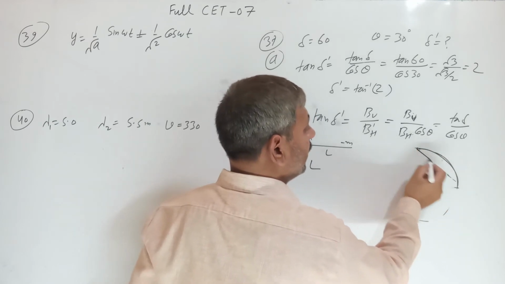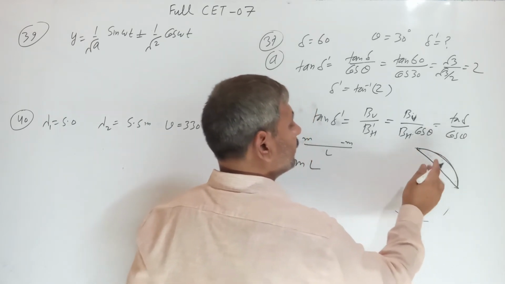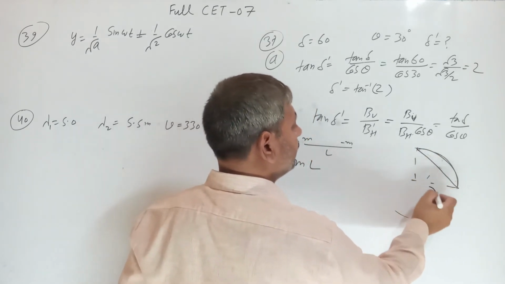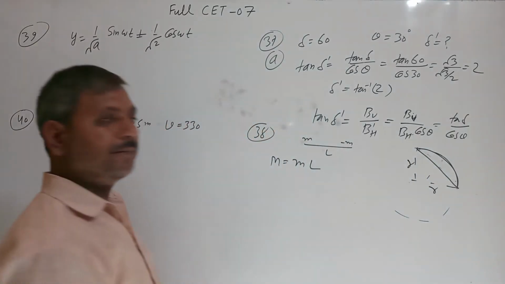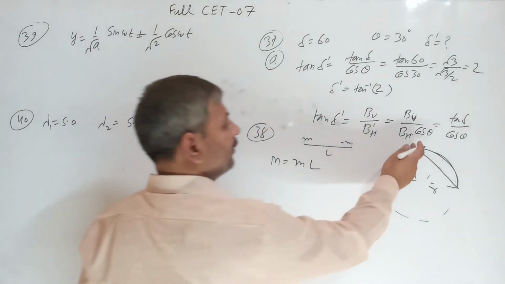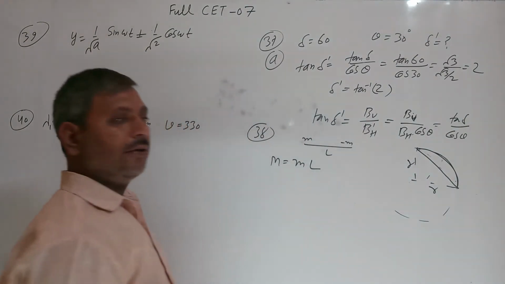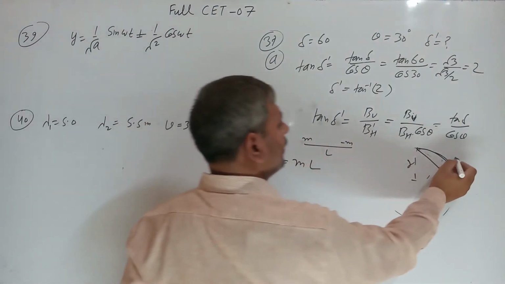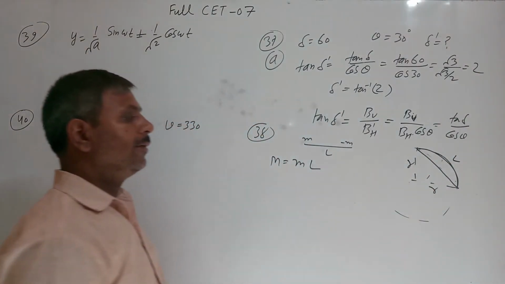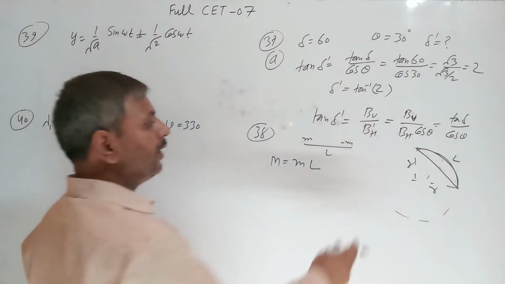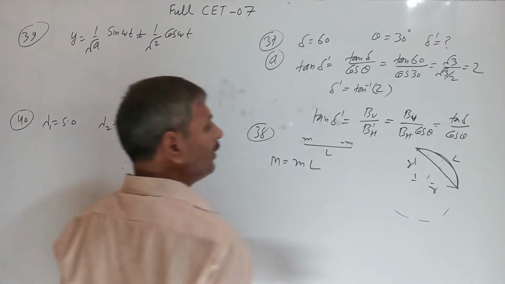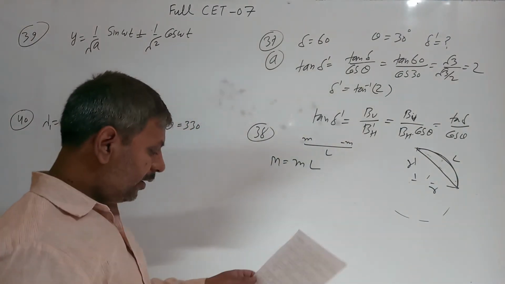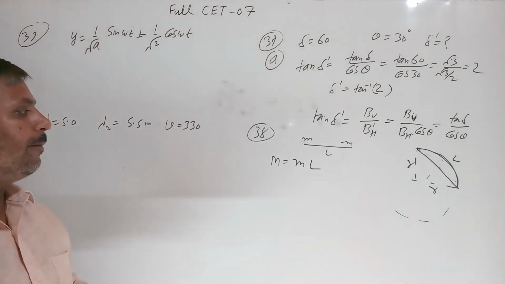What will be this distance? If the radius is R, what will be the length from here to here? We have to find it in terms of L, the length. We need the relation between R and L.